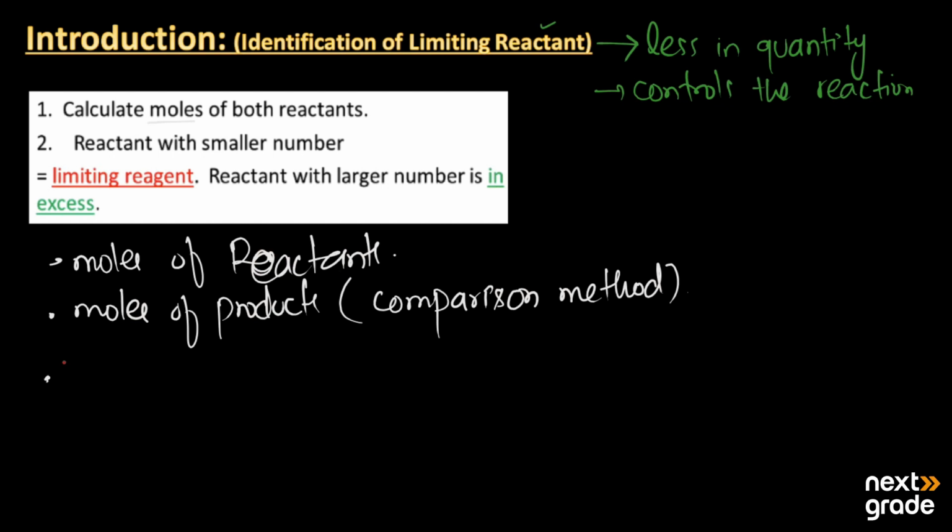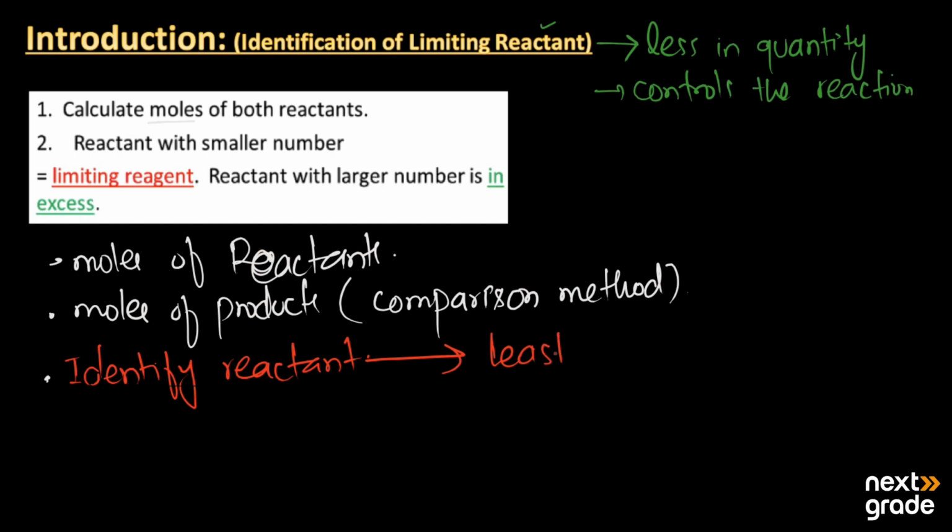Now, in the third step we have to identify the reactant that produces the least amount of product. So this reactant that produces the smaller amount of products will be known as the limiting reactant.